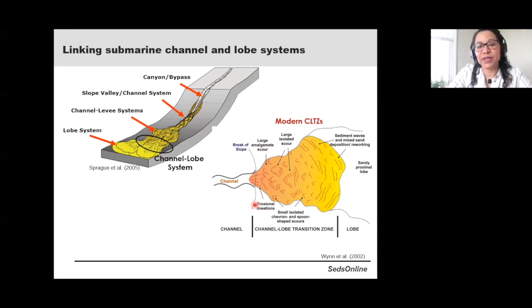This has been the main figure that many people working in the CLTZ have had in mind since then. This looks great, but how can we recognize the CLTZ in outcrops?